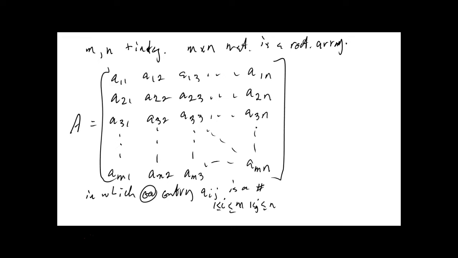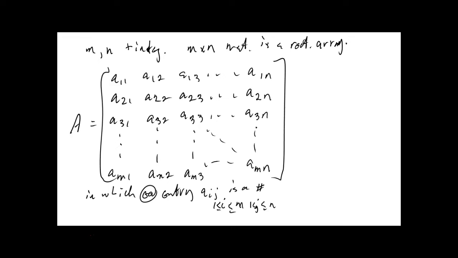A matrix with M rows and N columns is said to be of size M by N. When M is equal to N, what do we call that? A square matrix, exactly.